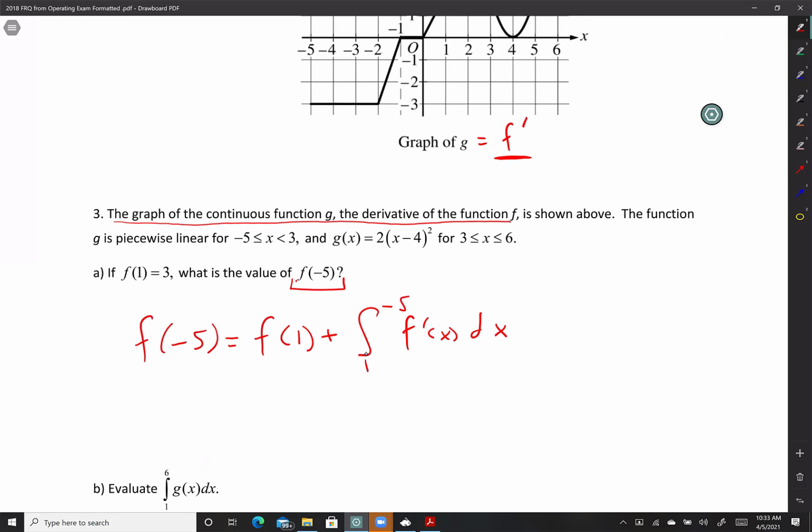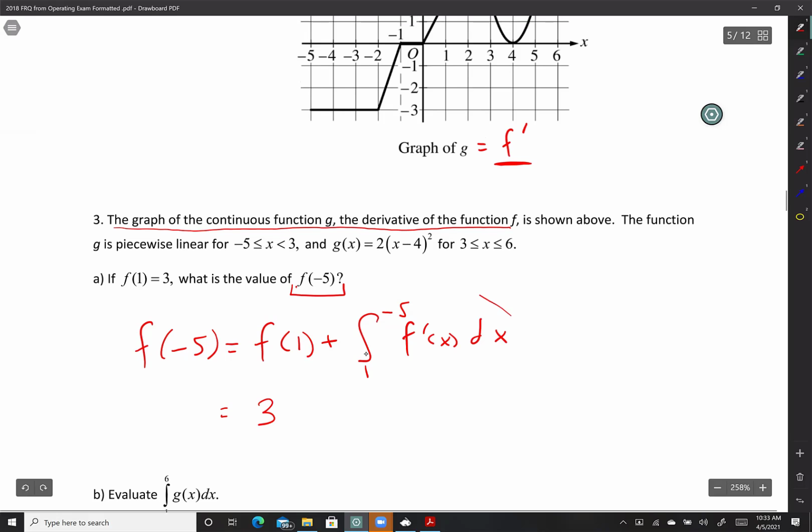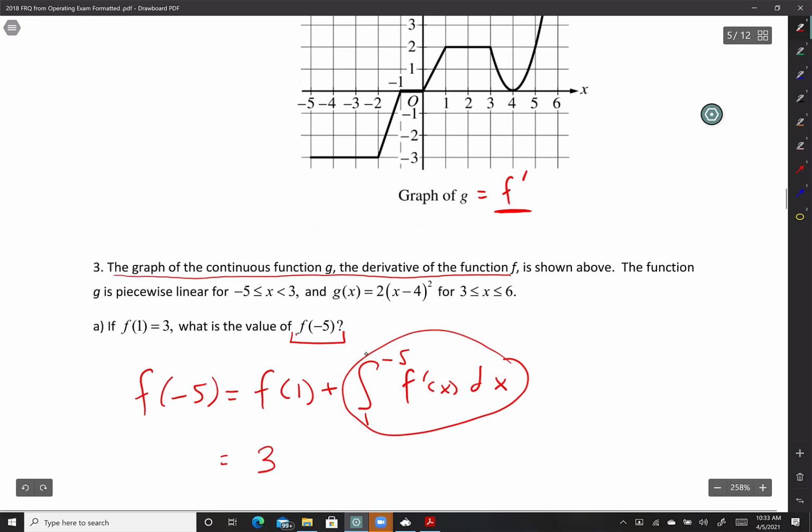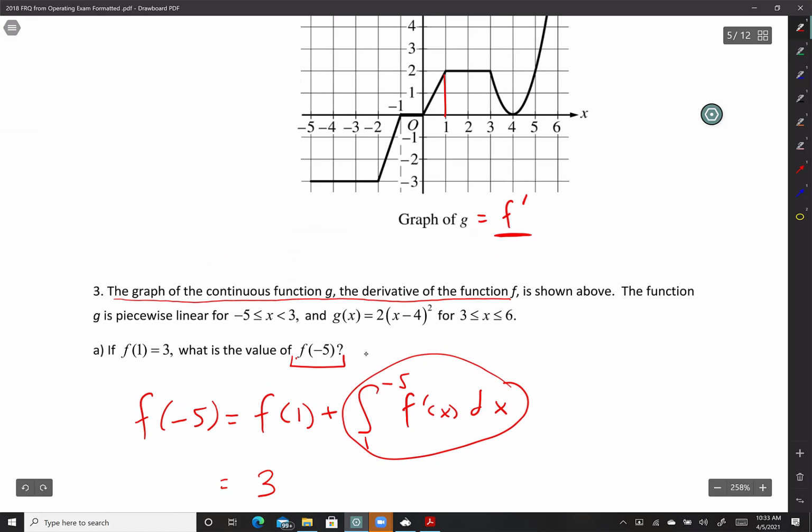F of 1 is 3. Well, it wants a value, right? Don't just leave it like that. Get the actual value: 3, and then I'm going to figure out what this integral is. This right here at 1, that's just a triangle. 1 times 2 is 2, but half of 2 is 1. So that's 1. And then from 1 to -5, that's a trapezoid. You can either do a square and a triangle or just do a trapezoid.